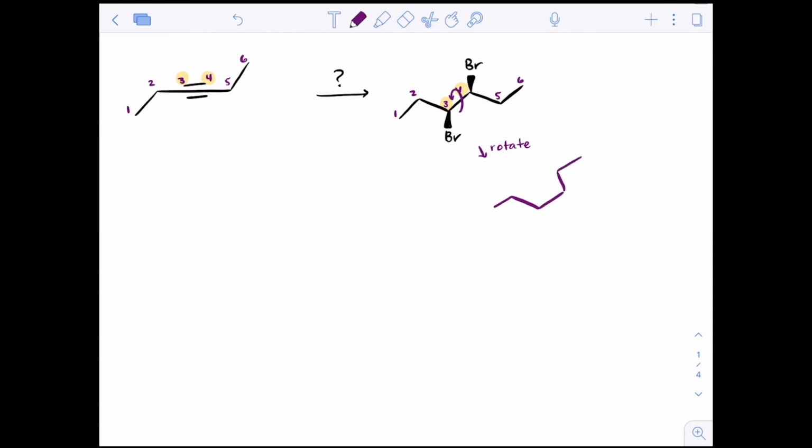And the only reason why I'm doing that is to make myself have a little bit easier time. I do know how to add anti-addition. Halogenation of an alkene is one way to add a vicinal dihalide. So looking at this product, these are the 2 same, right? These are identical.